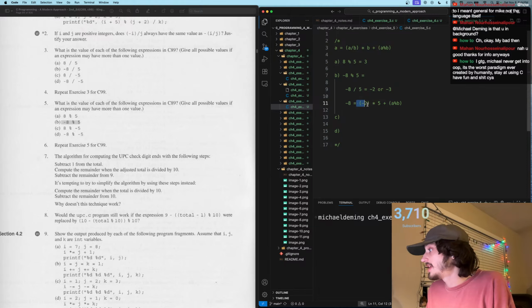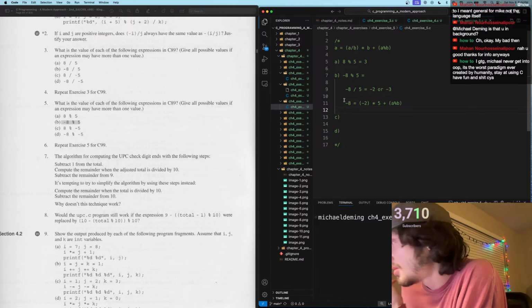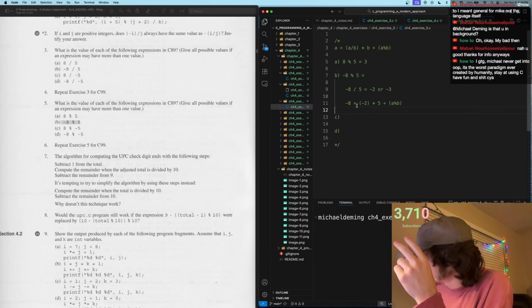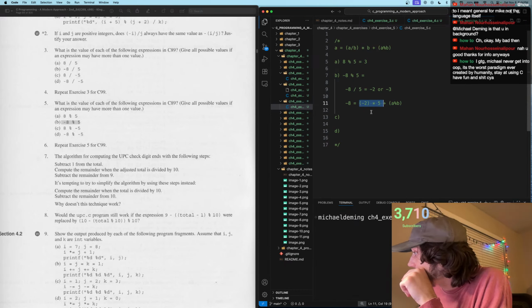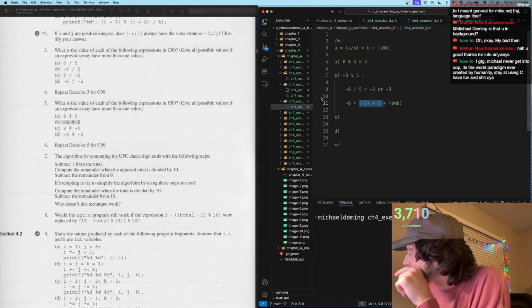So if we do this, we get negative 10, add that over, that would be positive 2. So 2 is equal to a modulo b for one of these cases.